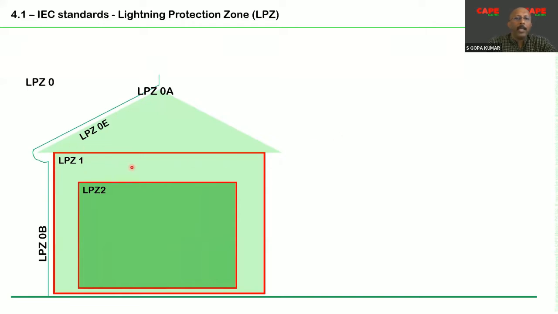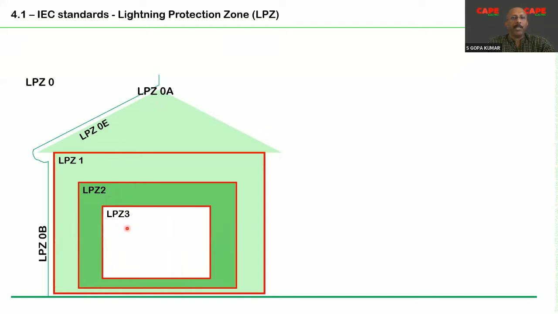A zone inside LPZ1 is a protected place where there is no direct lightning current and the voltage impulses are further reduced. LPZ2 is further inside the building where the threats are further reduced. LPZ3 is a further reduced place.